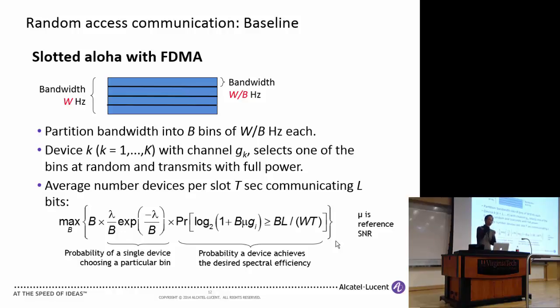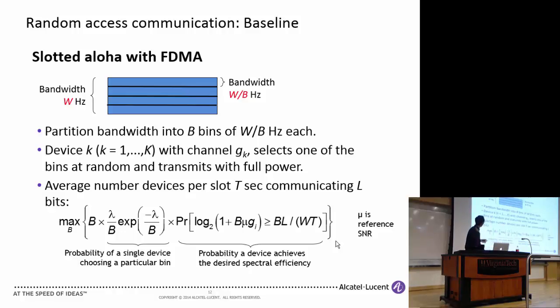In other words, the channel is such that when the device transmits with full power, the signal-to-noise ratio at the receiver is sufficient to support the data rate for communicating L bits of data over W over B hertz of bandwidth over this time t.